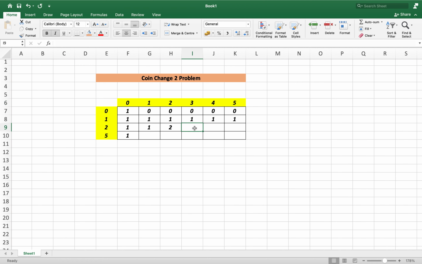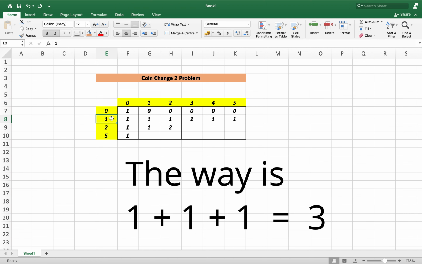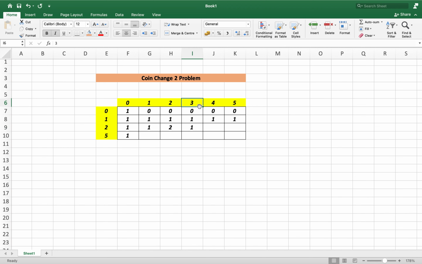Now the algo is first going to populate this cell with 1, because there is one way in which 3 can be formed using only the coin of denomination 1. So let's populate this cell with 1. All right, now in the second scenario, when the amount is 3, let's see it from a different perspective. Let's say the amount is 1, and if we add a coin of denomination 2 to it, we get the amount 3.